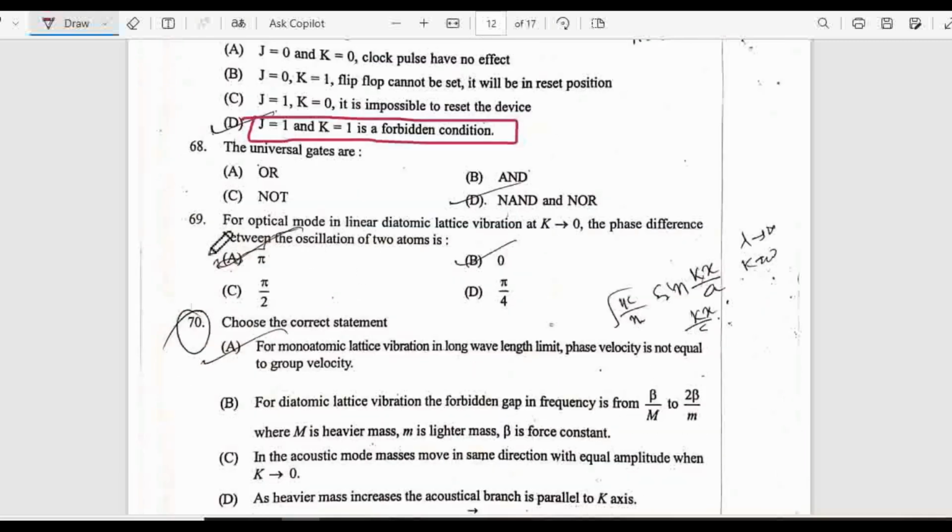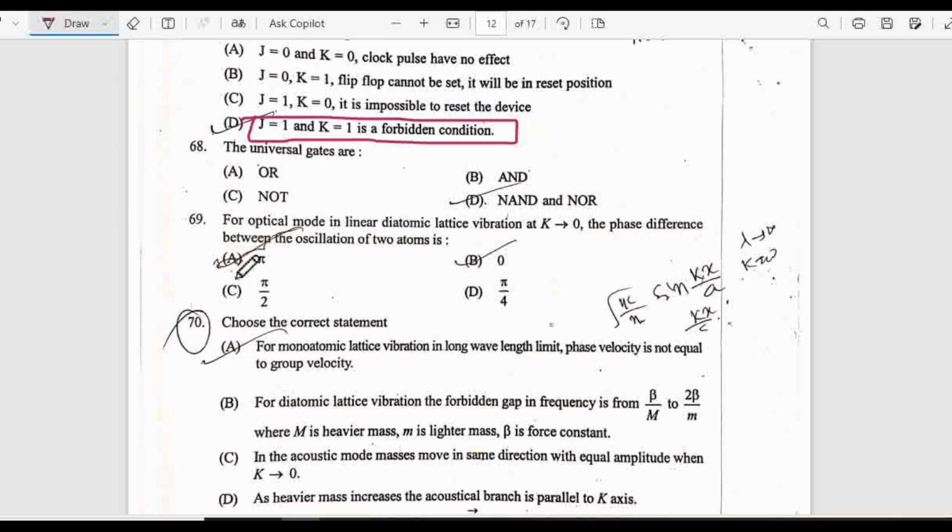Now coming to the 69 question, it is given that for optical mode in linear diatomic lattice vibration at k tends to 0, the phase difference between the oscillation of two atoms is, ultimately it is asked to find the phase.